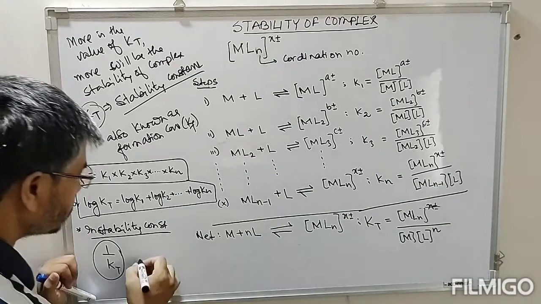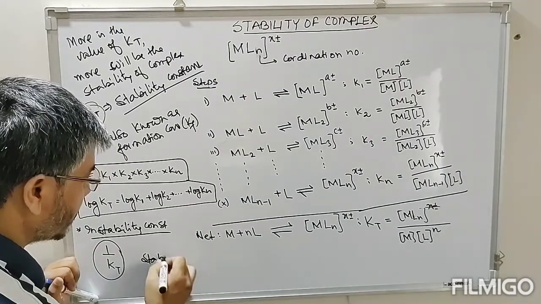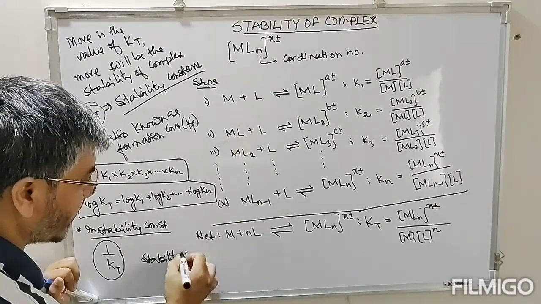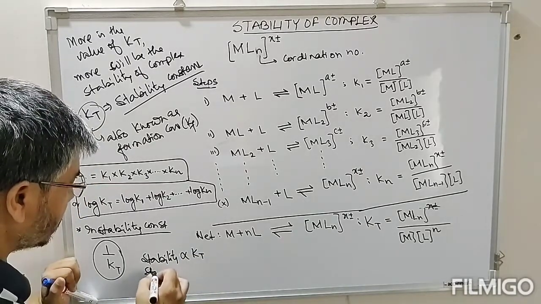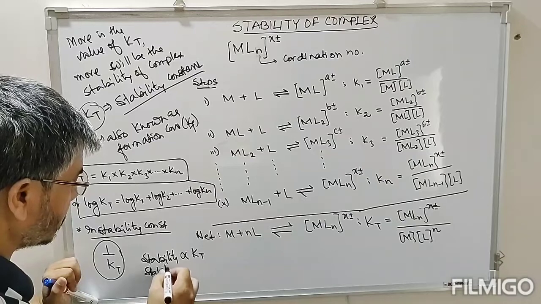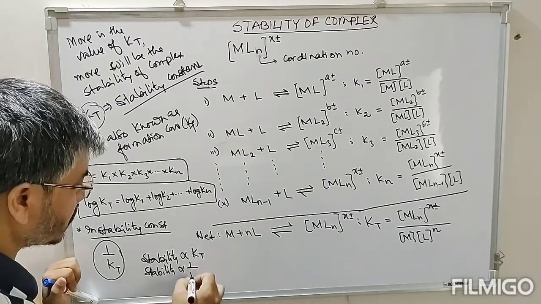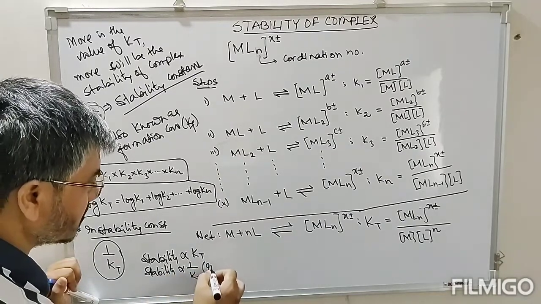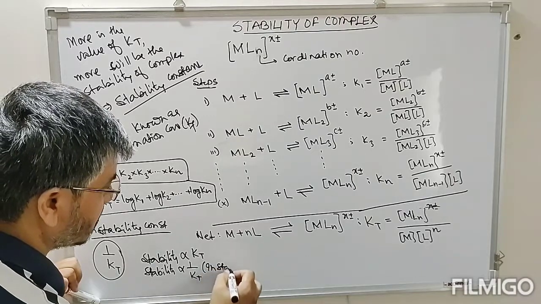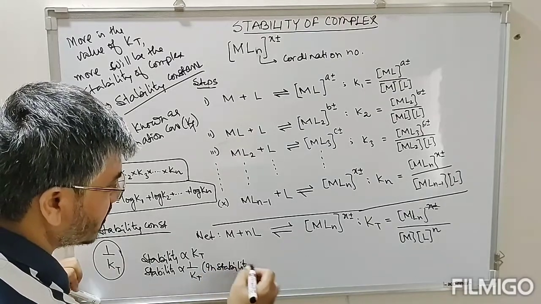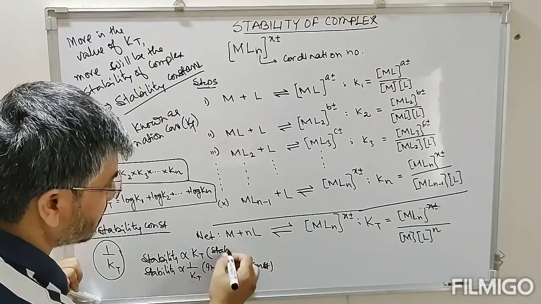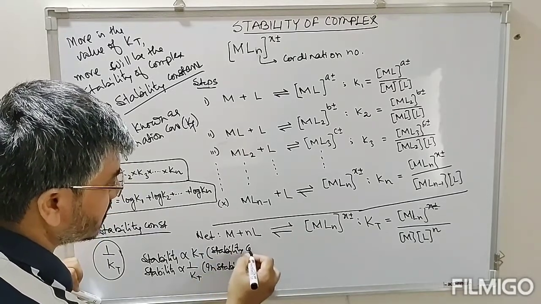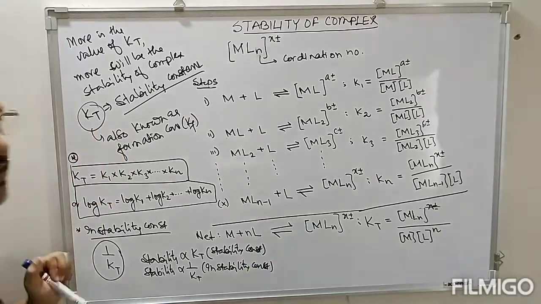So look at this. Stability of complex is directly proportional to stability constant, and inversely proportional to 1 by Kt, that is, the instability constant.